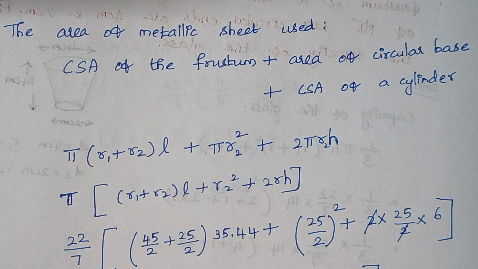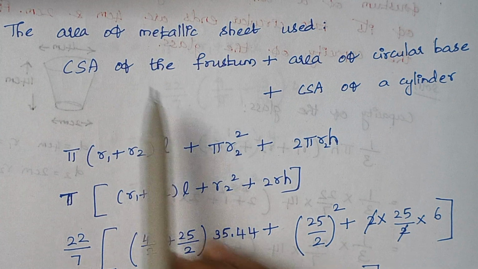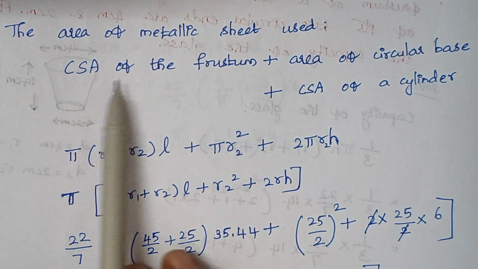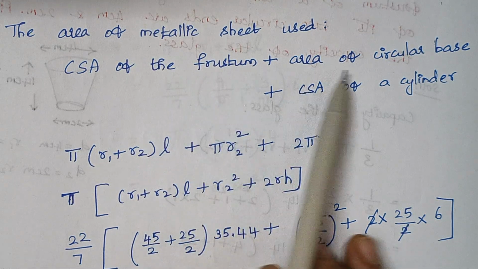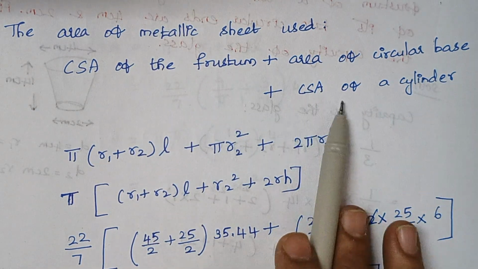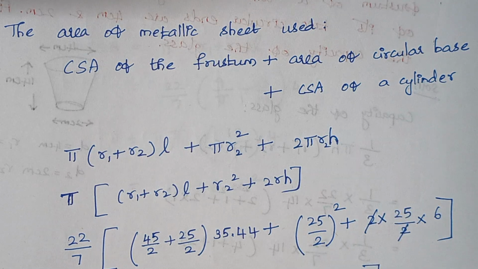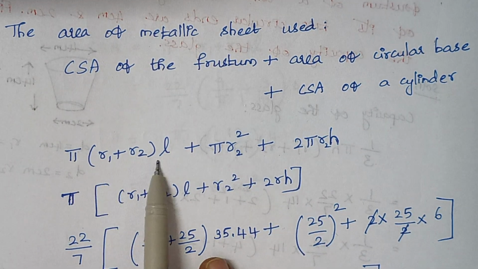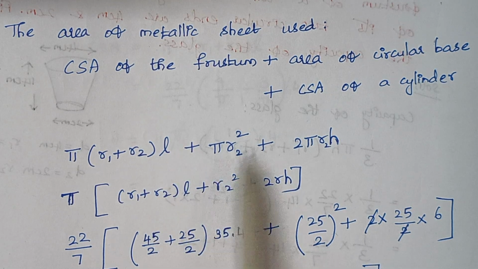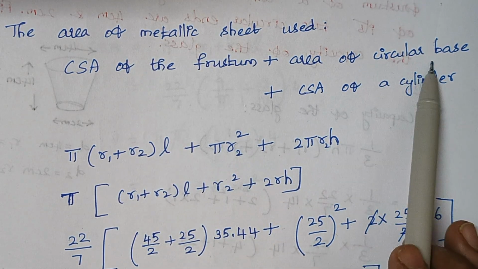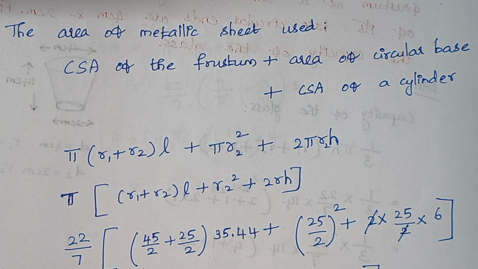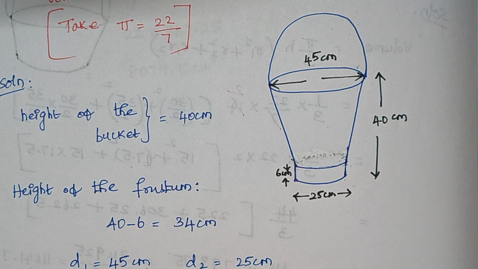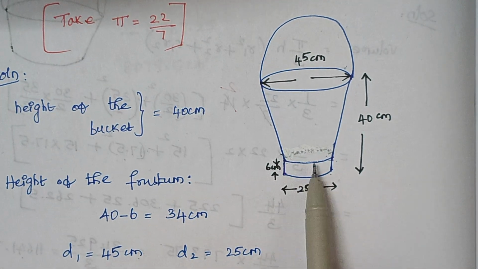Now, here we had written the terms: curved surface area of the frustum plus the base area and curved surface area of the cylinder. So just write down the formulas here. It is pi (r1 + r2) into L, and regarding the circular base, that is the base of the bucket, this is your base of the bucket.